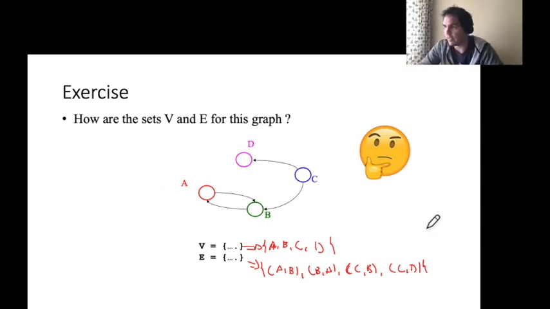Basically these two sets here represent this visual representation of the graph.